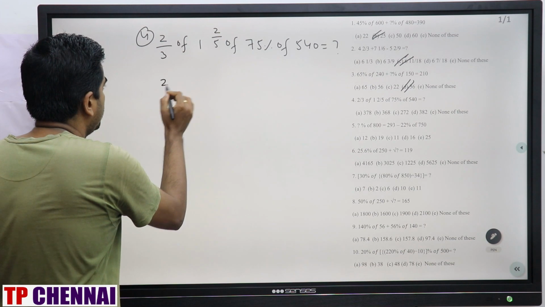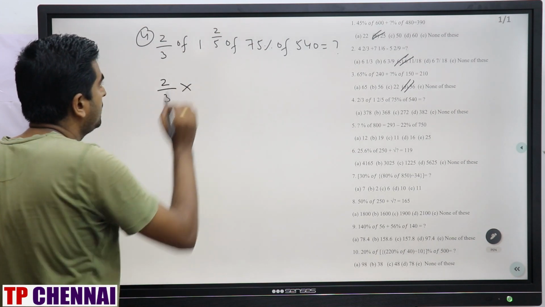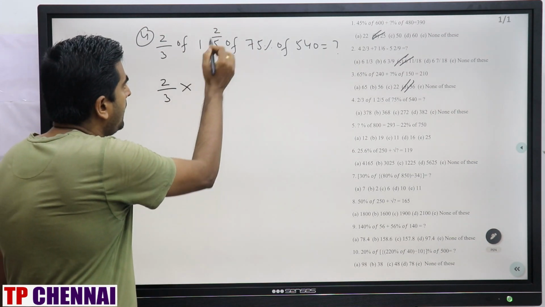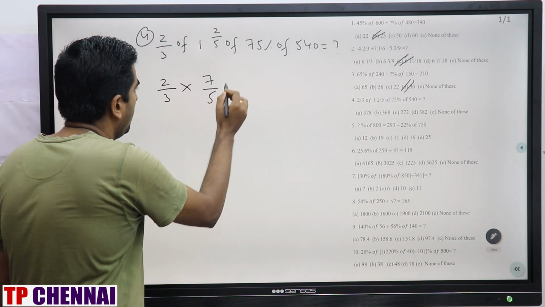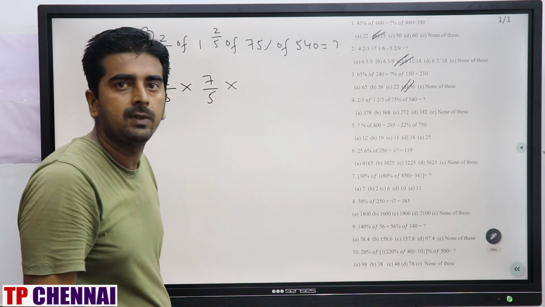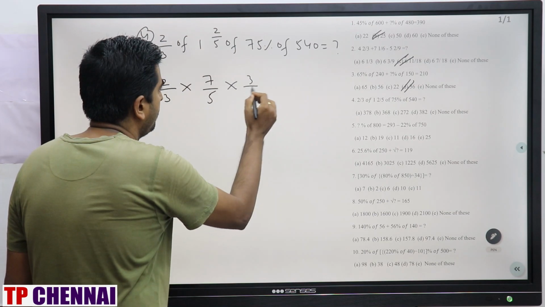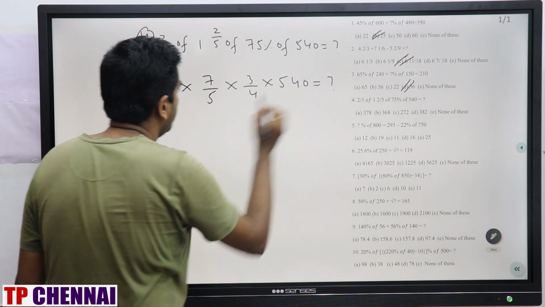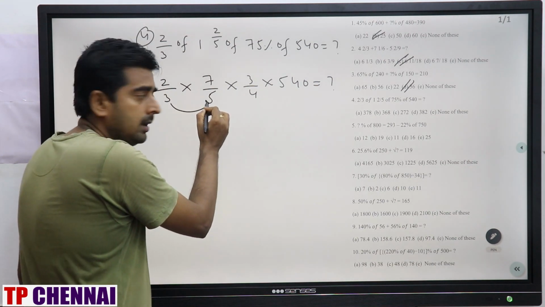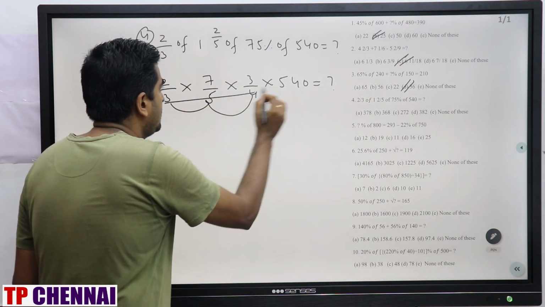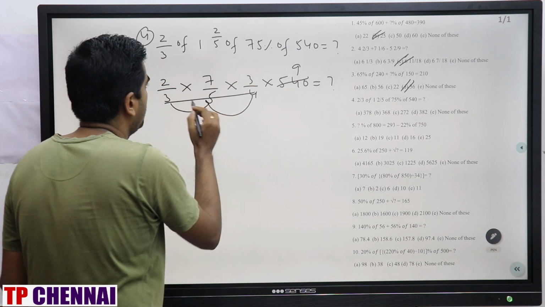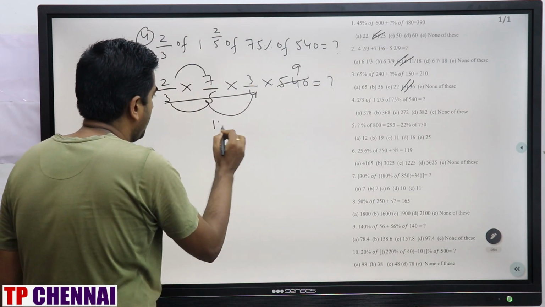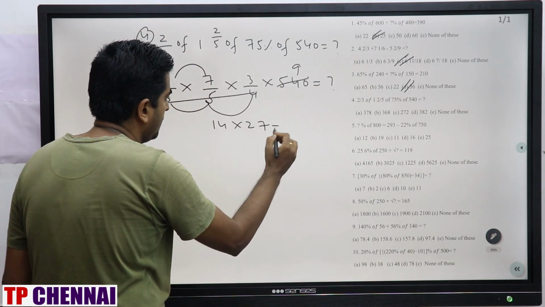So this is 2 by 3, of is nothing but into, what is 1 2 by 5? 1 into 5, 5 plus 2, 7, 7 by 5 of. What is the 75% fraction value? 3 by 4 of 540 is equal to question mark. 5 3s are 15, 15 4s are 60, 9 times 60 is 540. So then we have to multiply 2 into 7, 14 into 27 is equal to question mark.